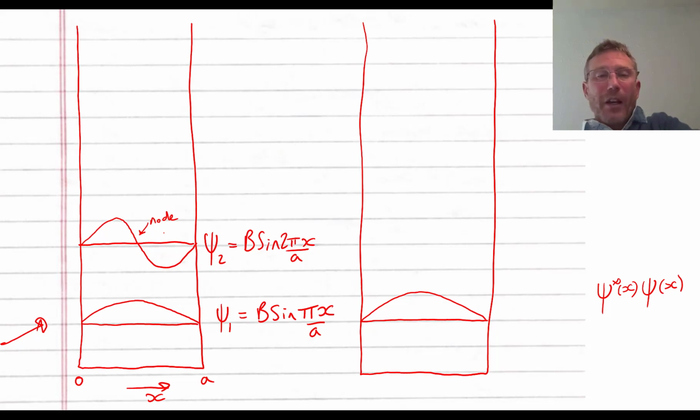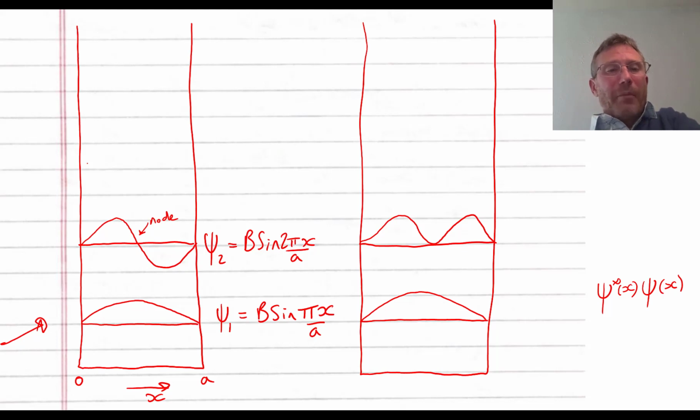So that's psi 2 in here. If we look at the probability density here, though, what we're now going to recognize is we've got some probability density that ends up being this double hump, if you will.